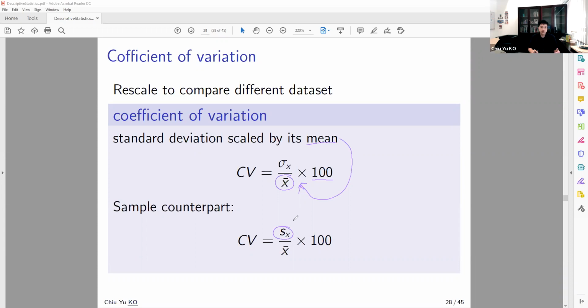So if you want to compare two data sets, whether they have the same variability, you don't want to be affected by the measurement unit. So you divide by the sample mean, and that's what we call the coefficient of variation, CV. Okay, so there's nothing new here.